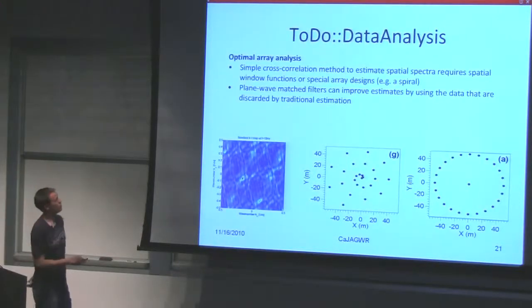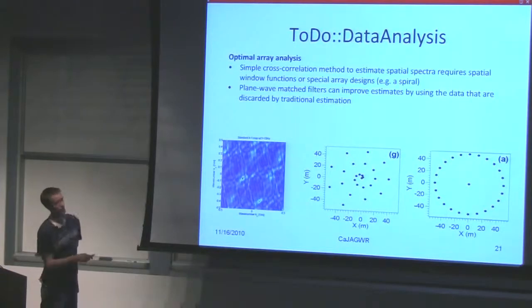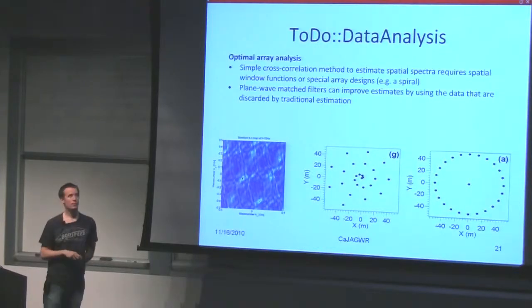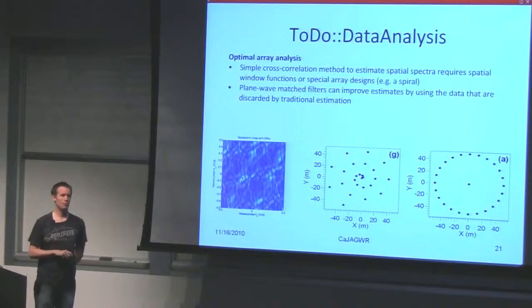The to-do in terms of data analysis, there's really not much left, but what we should understand is really how to set up the optimal array that analyzes the seismic field. And this is mostly a problem of the surface array that we will need.